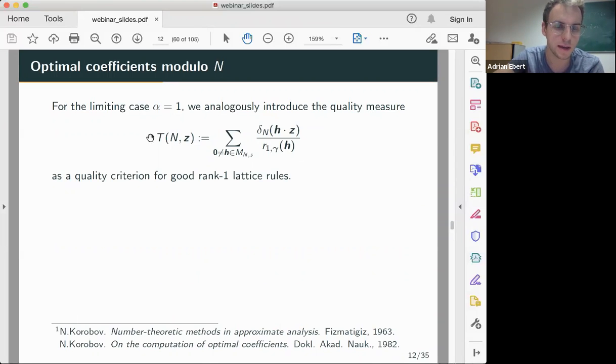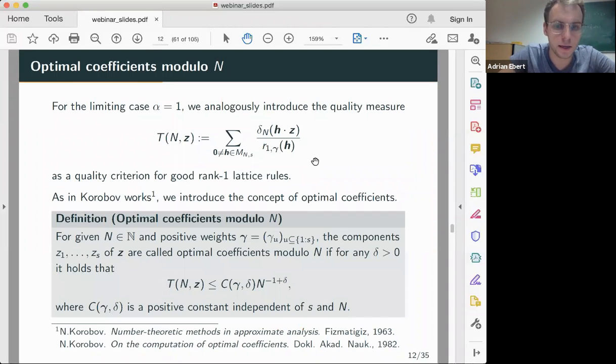I formally introduce now again this measure T for the limiting case of alpha equal 1 as this expression. And then I give you the following definition. This definition originates from articles by Korobov, and it's a definition of optimal coefficients modulo n.